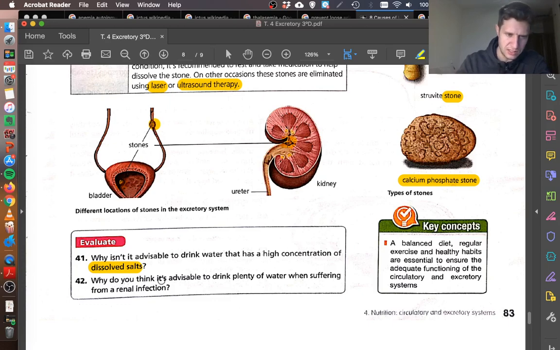Why do you think it's advisable to drink plenty of water? Of course, to get rid of or dissolve the stone. Yes, a balanced diet, very important.